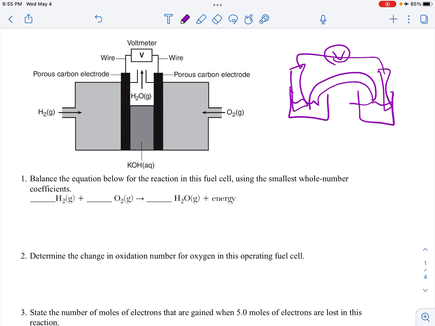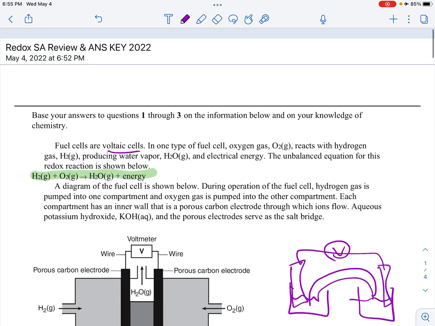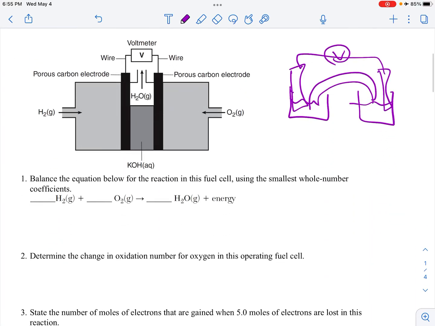All right, balance the equation below for the reaction in this fuel cell using the smallest whole number coefficients. Let's do a scorecard. We've got 2 on that side, 2 on that side, 2 on that side, 1.